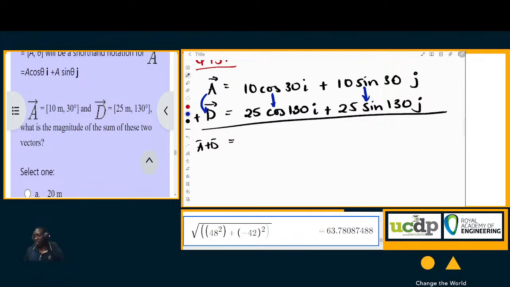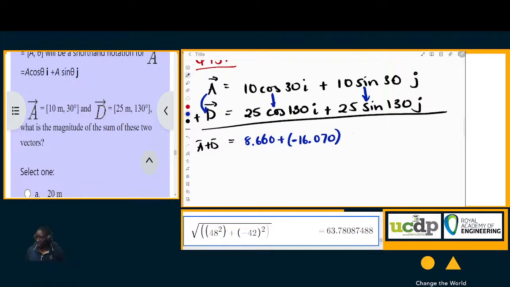Let me evaluate 10 cos 30 separately. 10 cos 30 gives us 8.660, plus 25 cos 130, which gives us minus 16.070.